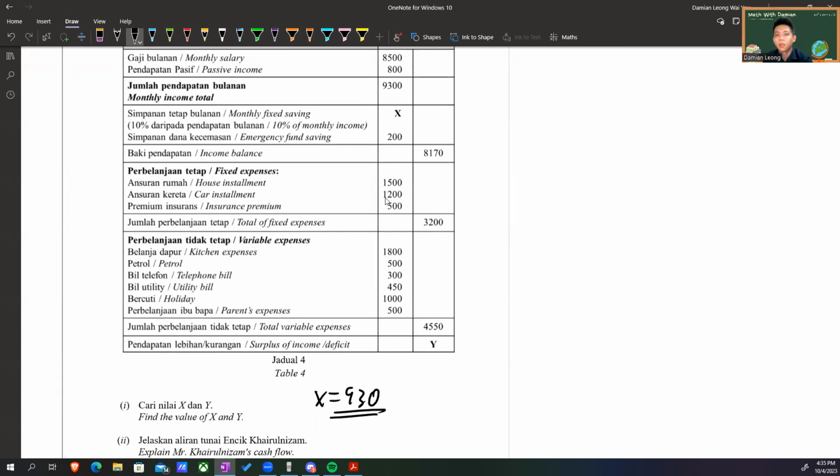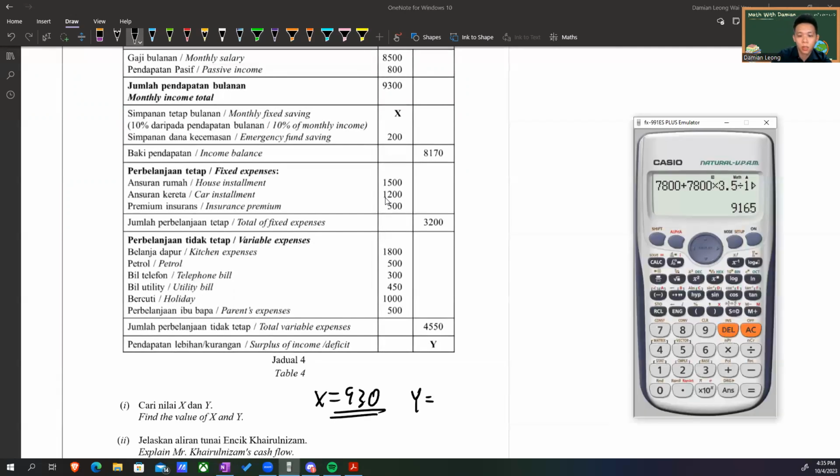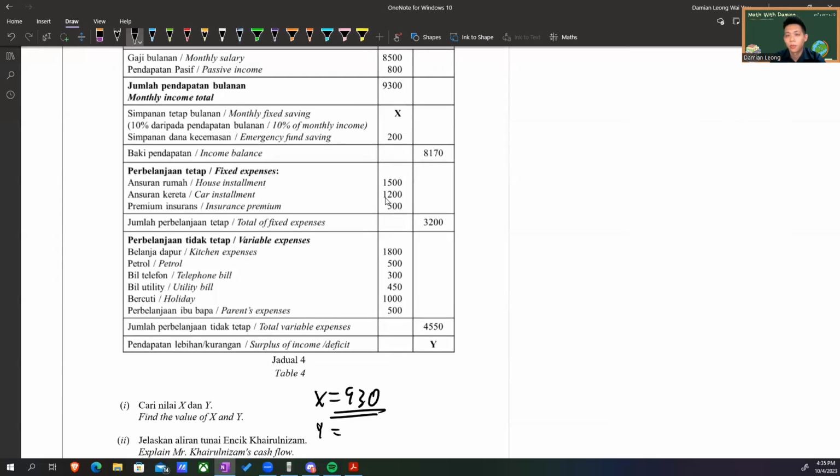Then Y is here, surplus of income or deficit. So it's income balance minus total expense. 3,200 minus 4,550. Right here. 8,170 minus 3,002 minus 4,550, which is 420.